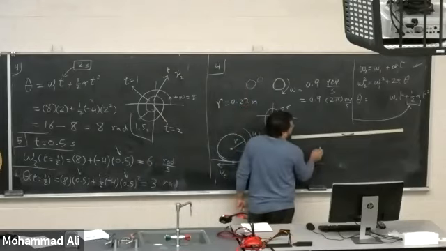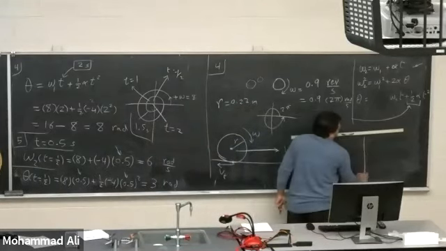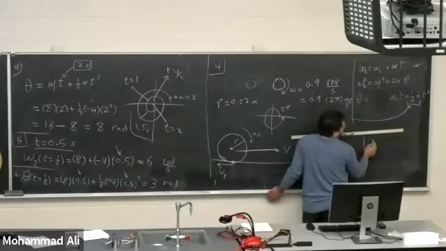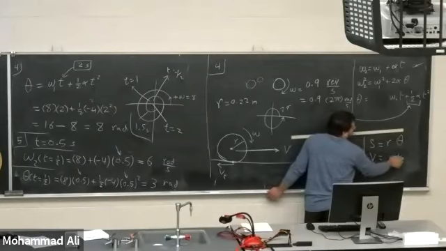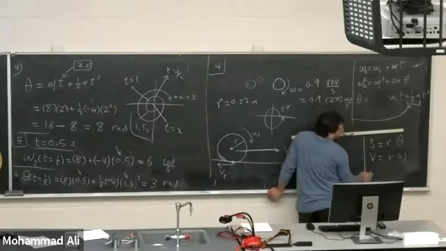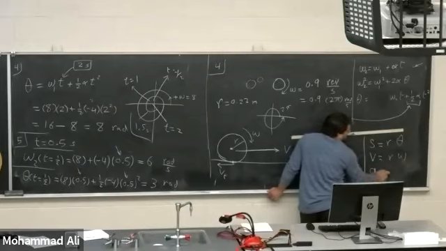As you know, we have a relation. These are our relations for this. S is equal to R multiplied by theta. It is a linear distance. The velocity, it is equal to R multiplied by omega. The acceleration A is equal to R multiplied by alpha.